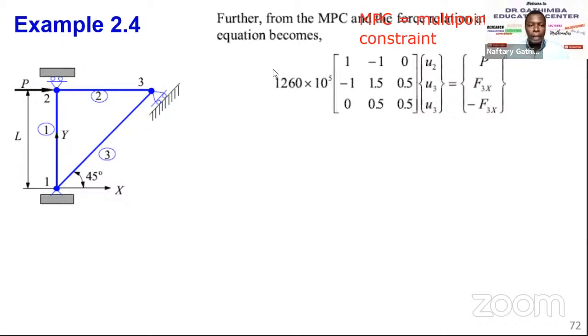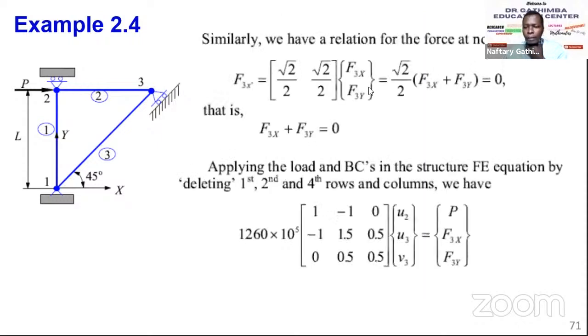So we can still go ahead from the multi-point constraint, because we already know the force relation at node 3. In our equation, we already know F3x, and F3y from the relationship here. You see, from this relation, we can relate these two.